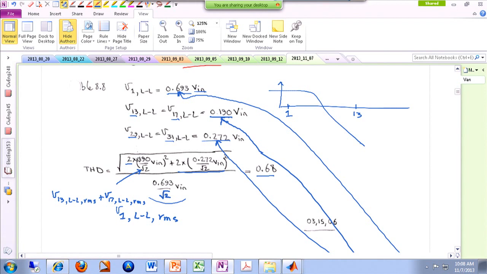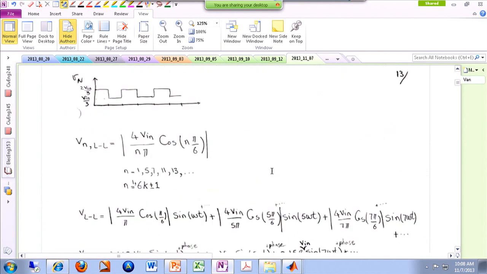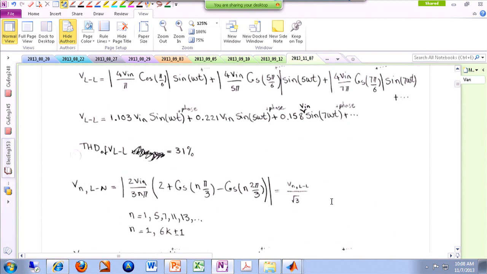So you can see if you use a PWM switching scheme, your total harmonic distortion gets larger. So here, compare this 68% to the case that we had last time, when we were using a square shape switching scheme. So bipolar in this sense is actually making things worse because your total harmonic distortion grows, which is a bad thing.